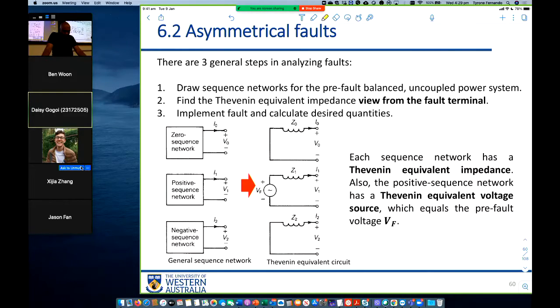Also, the positive sequence network has a Thevenin equivalent voltage source, equal to the pre-fault voltage Vf. So that voltage source magnitude in the positive sequence is the pre-fault voltage Vf. I think this will become clear when we look at an example. If we have a generator connected to the bus where the fault is going to occur, the internal voltage of that generator would be the pre-fault voltage Vf in this Thevenin circuit. It will become clearer when we look at an example.